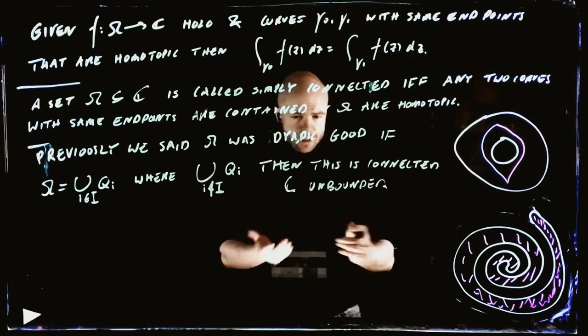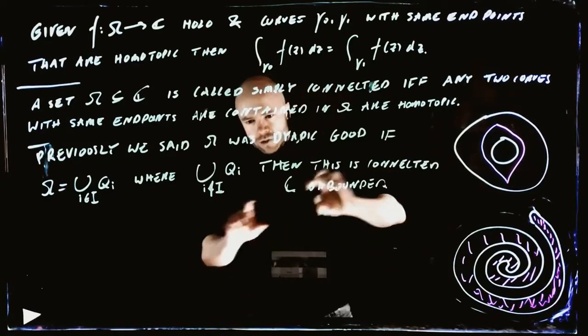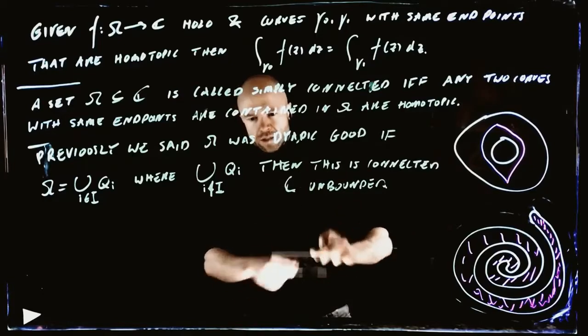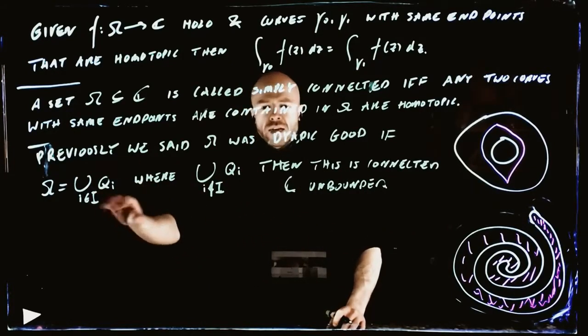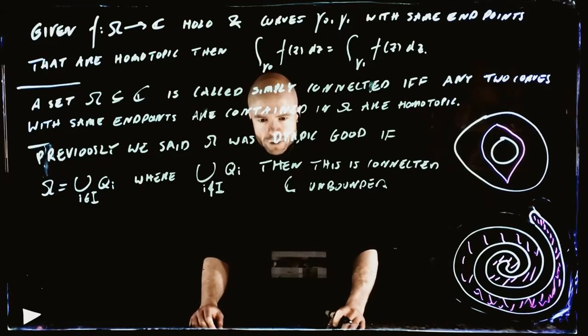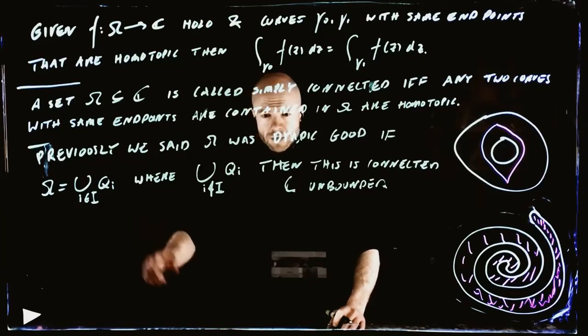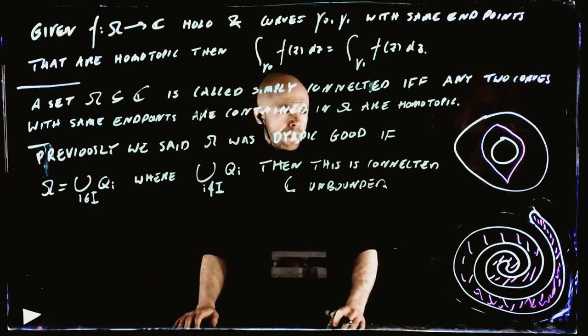All this does is prevent you from having a set which contains something in its interior, like a hole. So this is a crude way of saying you have a set that doesn't have a hole. Yeah? So these are simply connected sets.